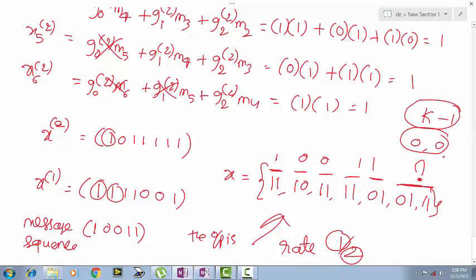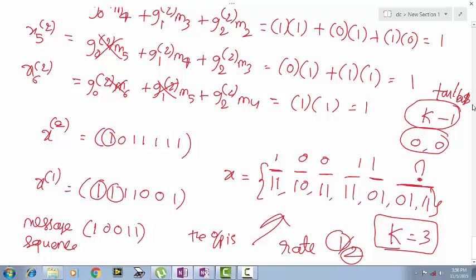In this case we are having constraint length capital K equal to 3. What is the initial state? 0 0. I am having two memory elements. So in order to make the encoder go back to the initial state 0 0, we require K minus 1 tail bits.